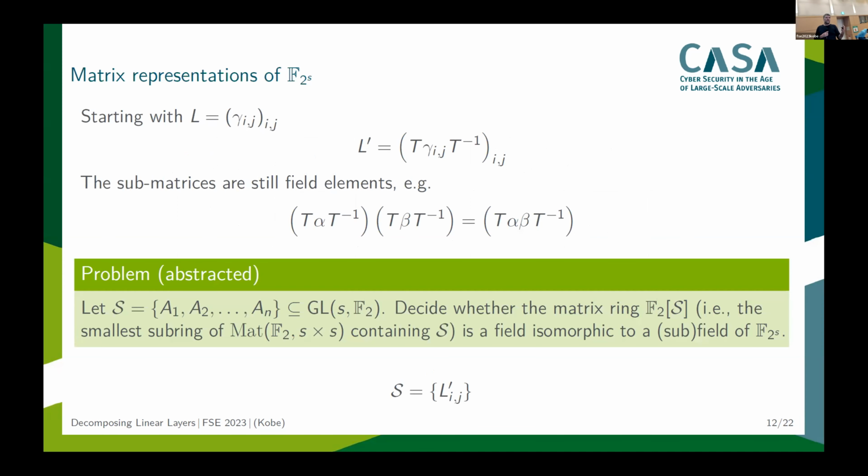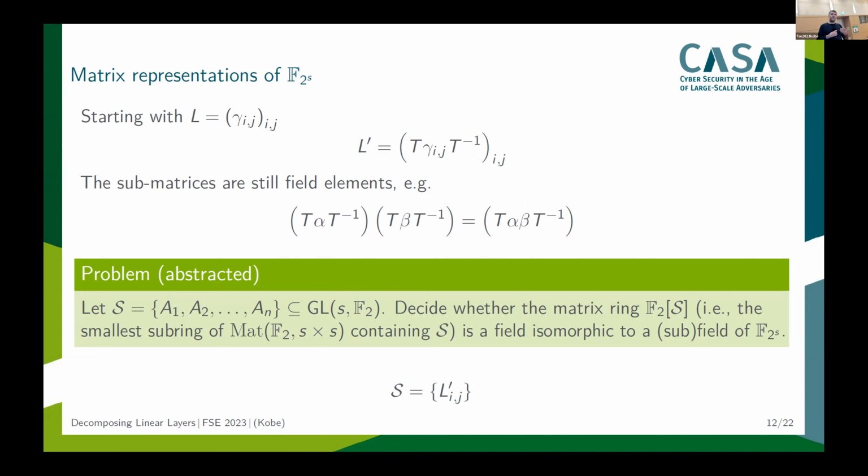And so coming back to the matrix representations of an extension field, if I start with a field which is represented by choosing an irreducible polynomial, what I end up with now is that each of these elements will be left and right multiplied with T and T inverse. And they still form a finite field.